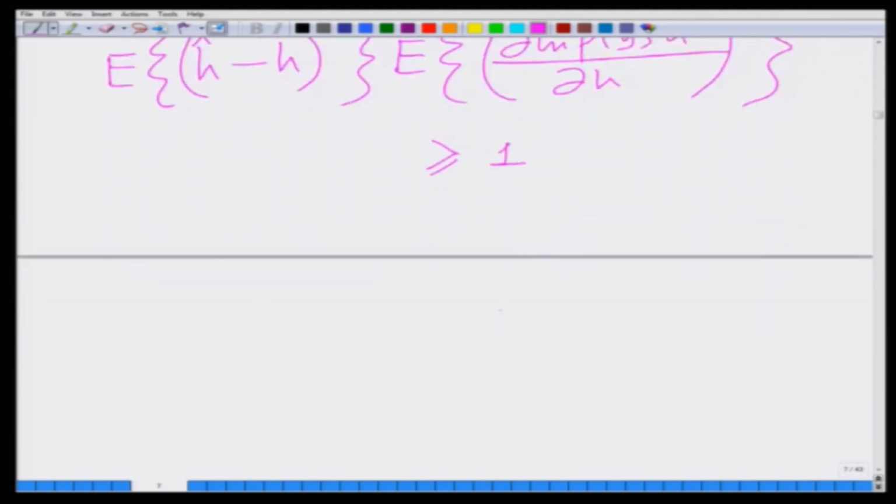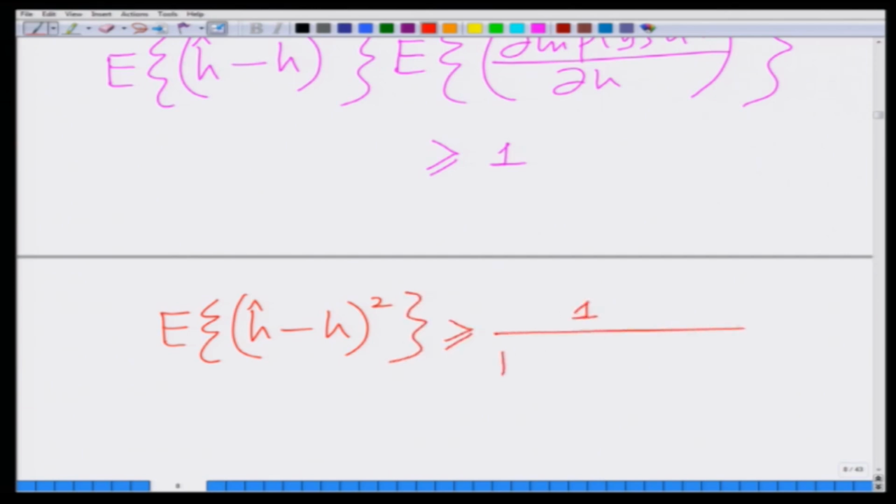Now moving this quantity to the right, we have the expected value of (h hat minus h) whole square is greater than or equal to 1 over the expected value of the square of the derivative of the log likelihood function.